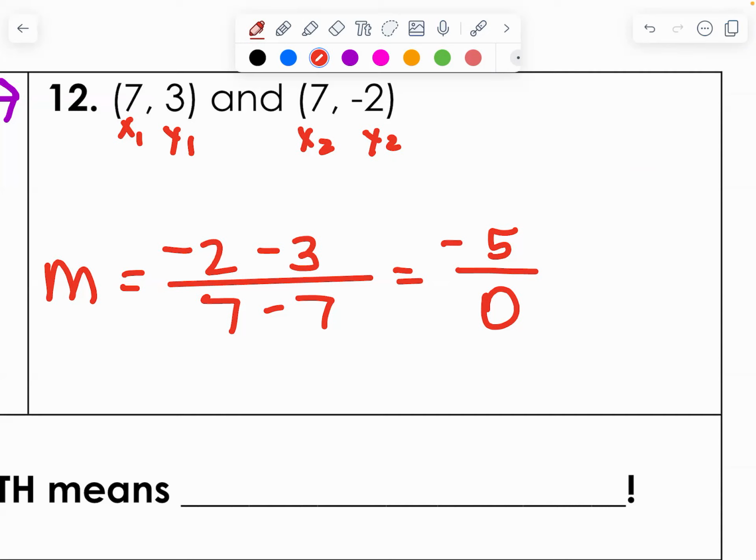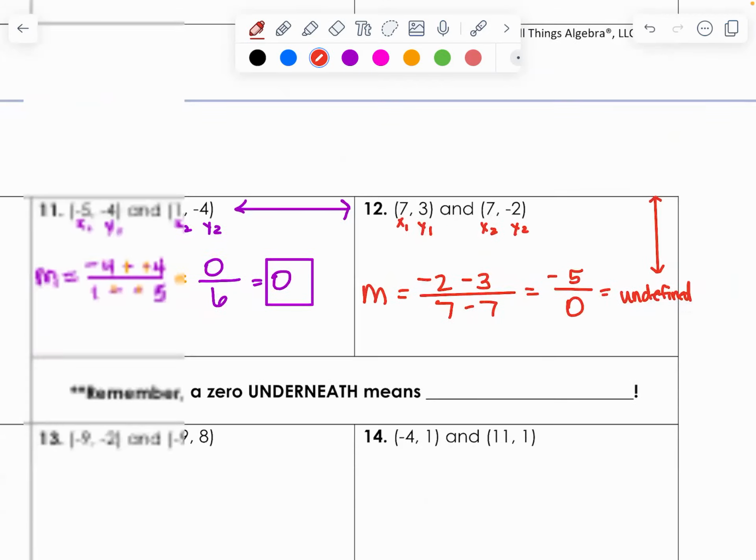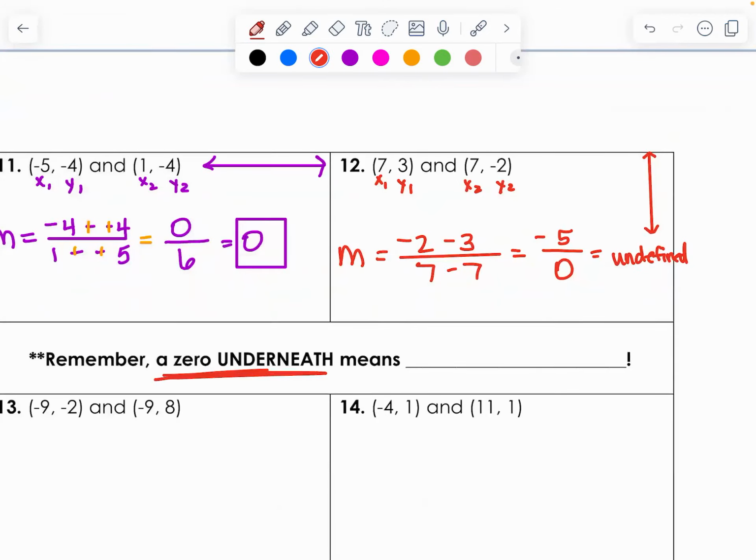It'll just say error, okay? So yes, we have 2 coordinates that are vertical from each other. Our slope is undefined. Anytime you have a 0 in the denominator, that means that your slope is undefined. Okay? 0 divided by 6 is 0, but we cannot divide by 0.